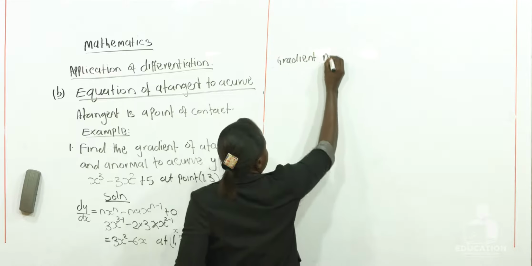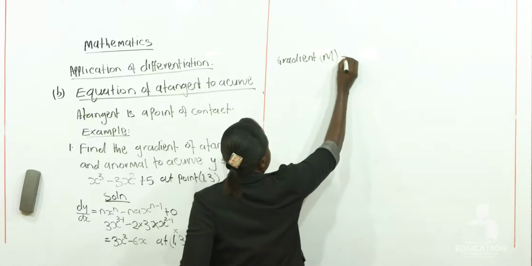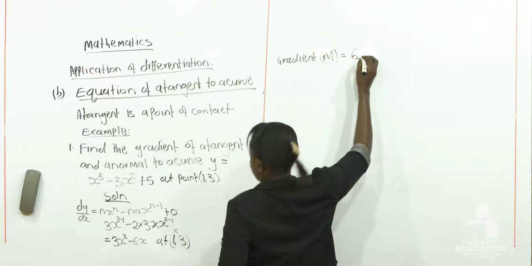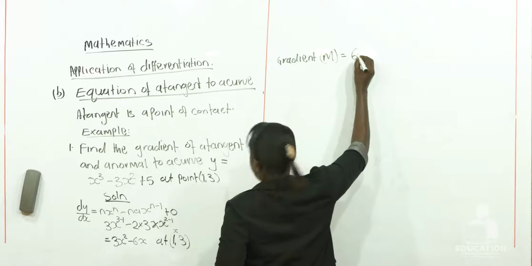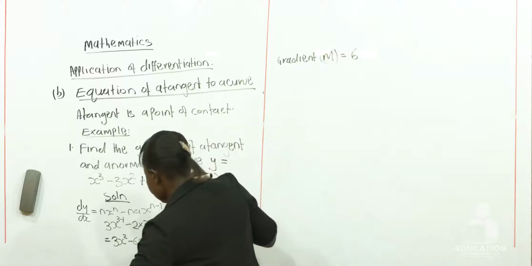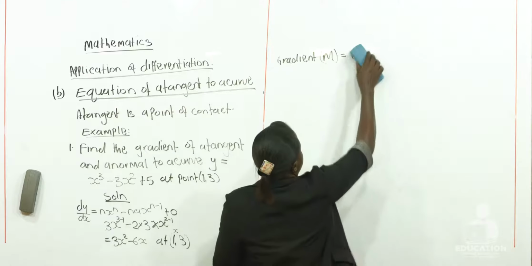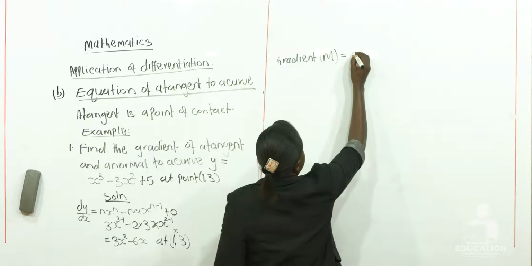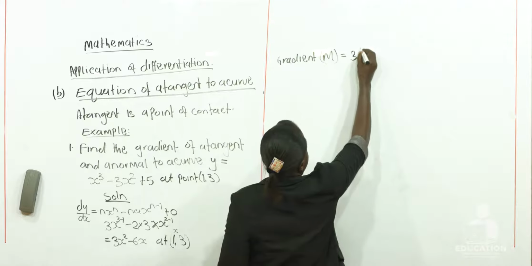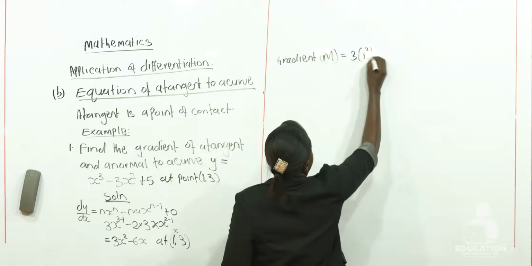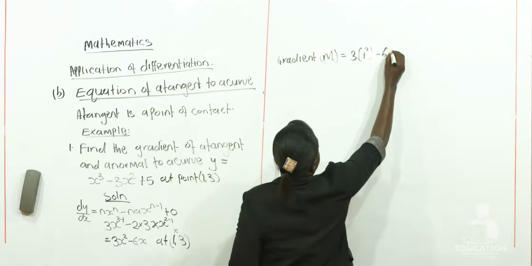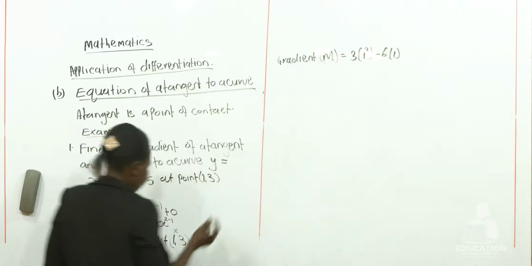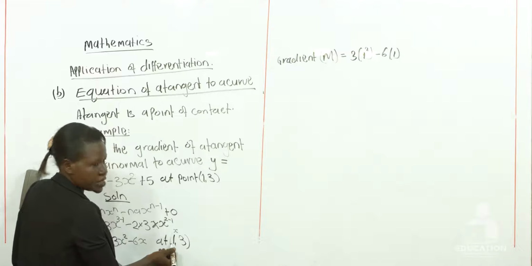Then you say the gradient, which we abbreviate as m, equals 3 times 1 squared minus 6 times 1, because x is 1. That 1, we got it from the given points here.